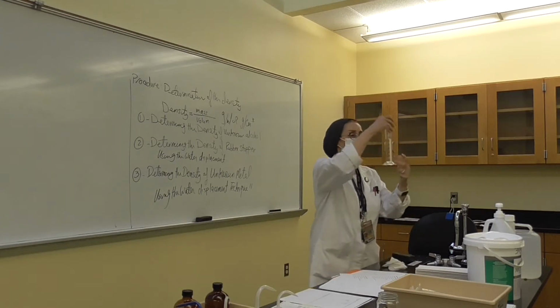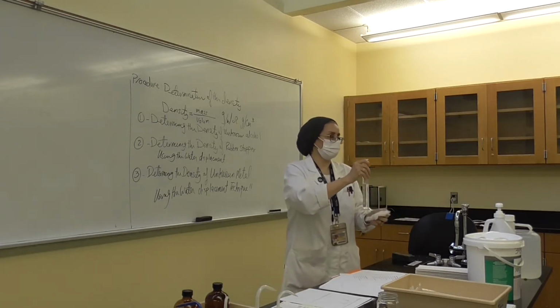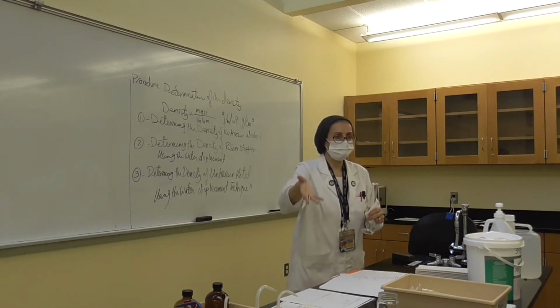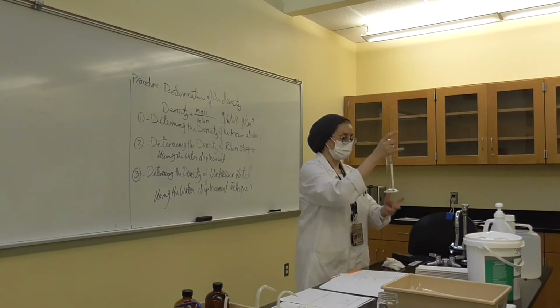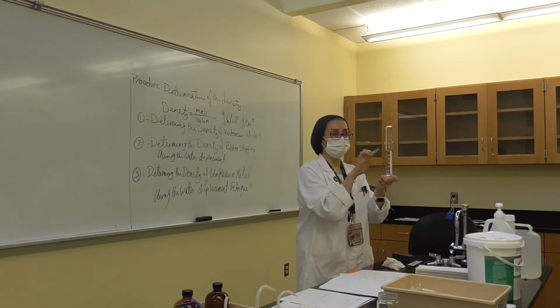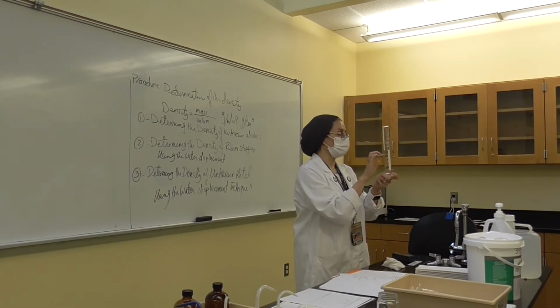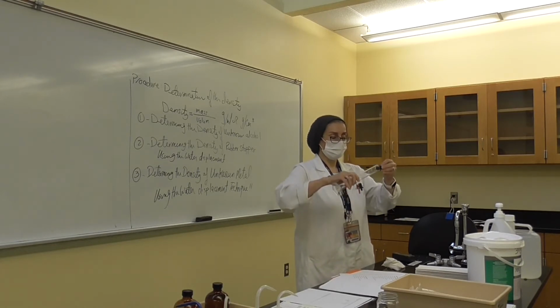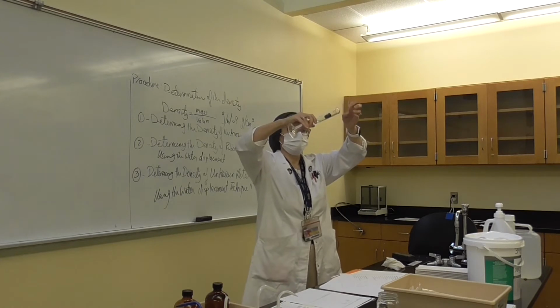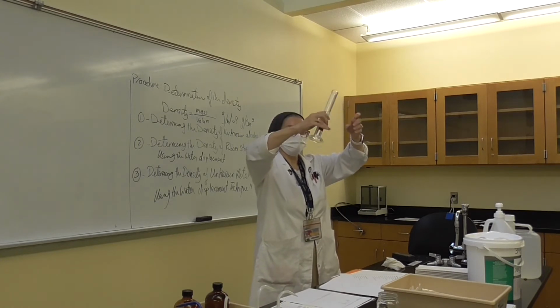So I have 60, all right? I just put 60. You want to put 30, you want to put 50, any measure, just make sure that this is the initial volume of the cylinder, okay? Then you're going to tilt it, and then just let it go through, okay?